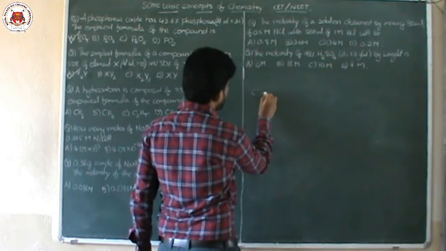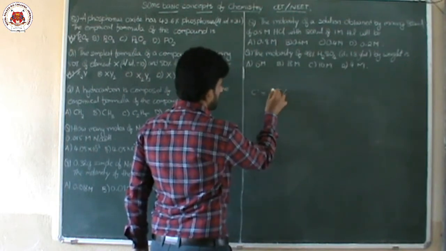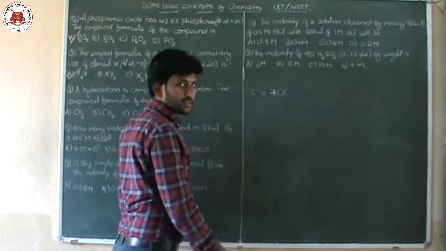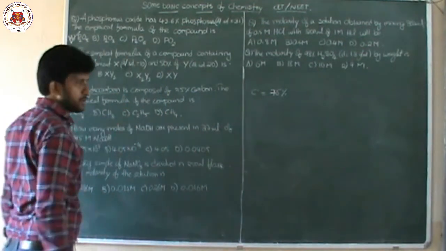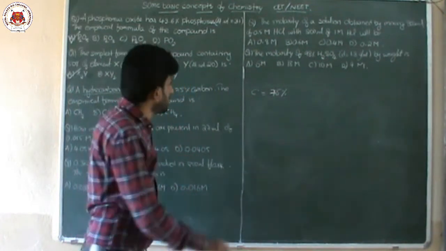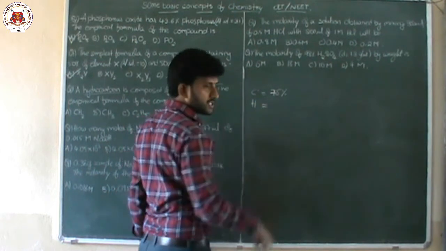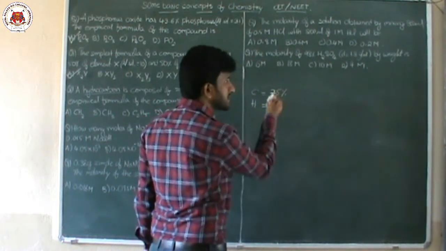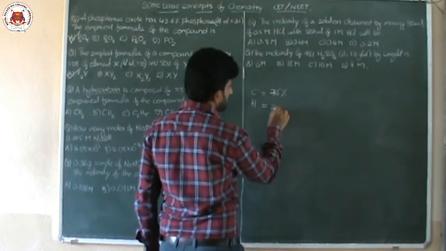Carbon is 75%, and they are saying it is a hydrocarbon. Hydrocarbon means it contains hydrogen atoms and carbon atoms. So if carbon is 75%, then what about the hydrogen? 100 minus 75% means 25%.